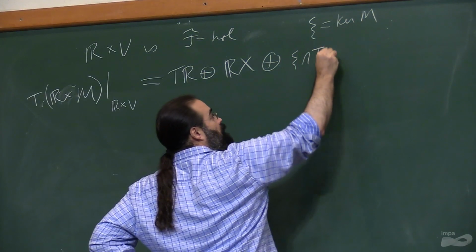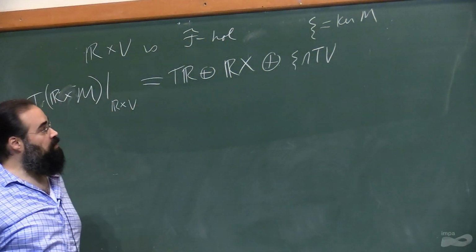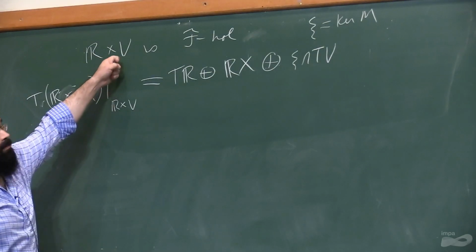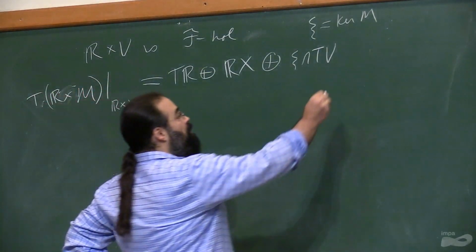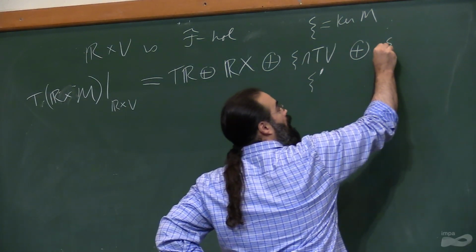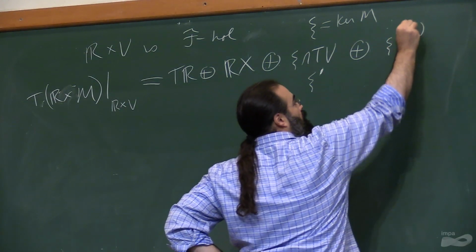C intersect TV, which will be the kernel of the pullback one form in V under my assumptions, plus, I'll name this C prime, the symplectic complement.